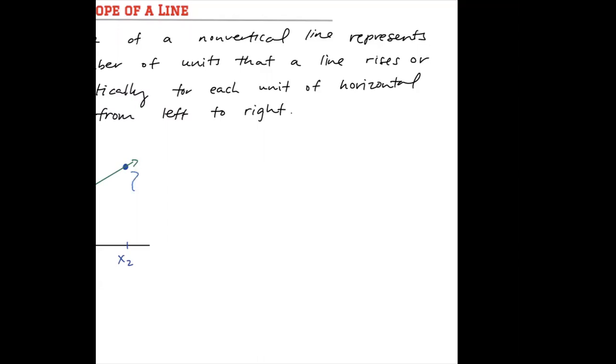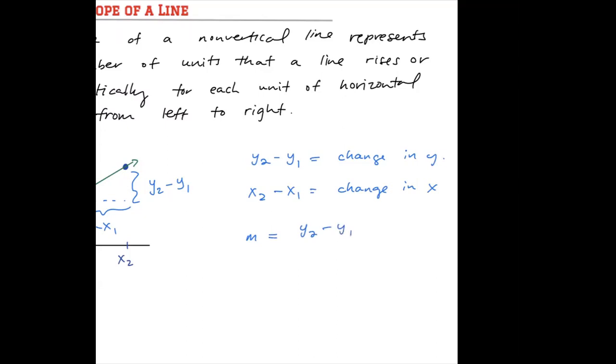The distance between here and here is Y2 minus Y1, the change in Y, and the distance between here and here is X2 minus X1, the change in X. So the slope M is equal to the ratio of the two: Y2 minus Y1 over X2 minus X1.